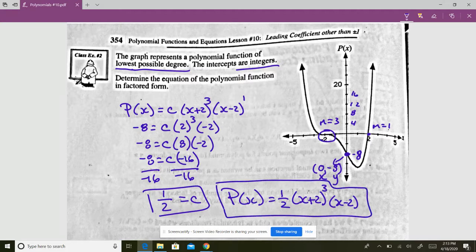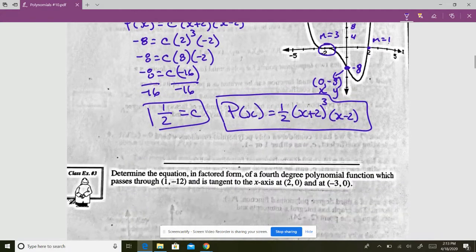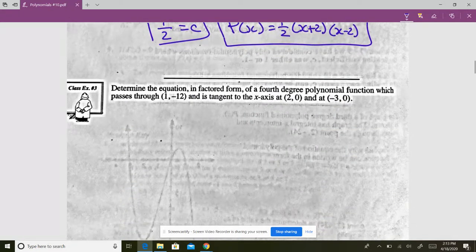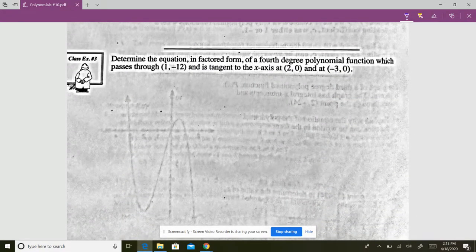That's it. All right. So what if they don't give you a graph like this one? Determine the equation in factored form of a fourth degree polynomial which passes through the point blah blah, so that's my xy point. Tangent, remember a tangent is when the graph bounces at a point, which means the multiplicity equals 2.